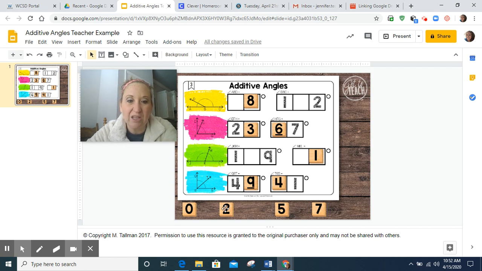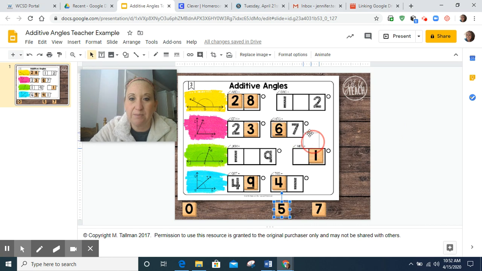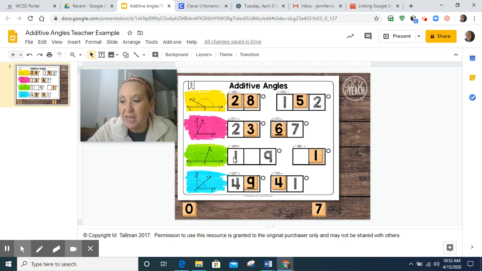If this one's 23, this one up here might be 28. Again, we know the whole thing's 180. Take away 28, we would get 152. It didn't want to drag it for me. Let's try that again. We could even check it. I could add 28 plus 152. We should get 180.